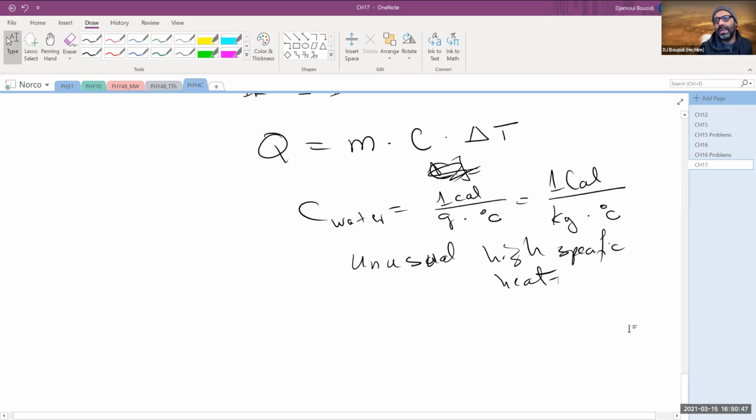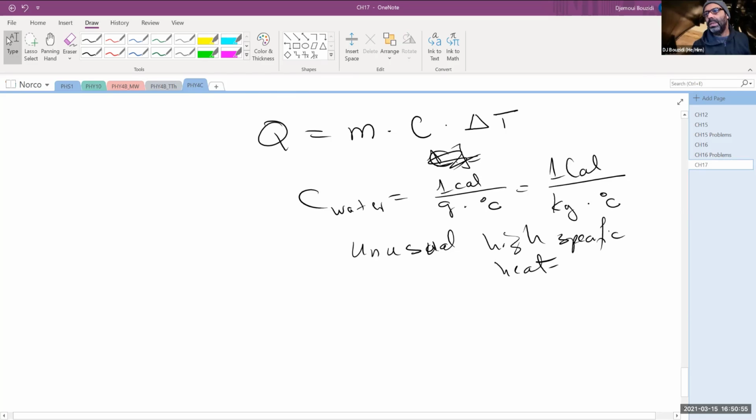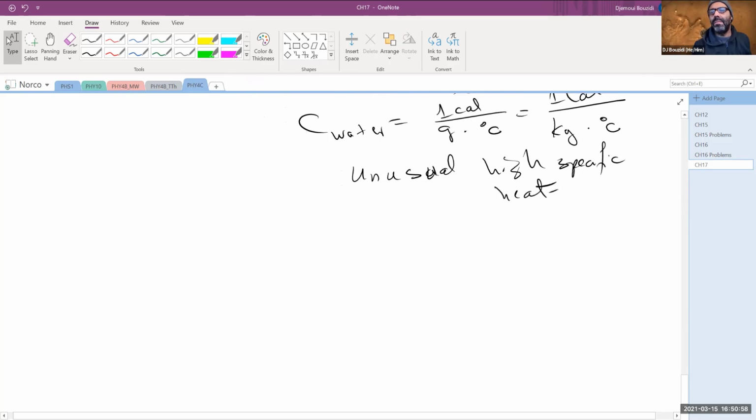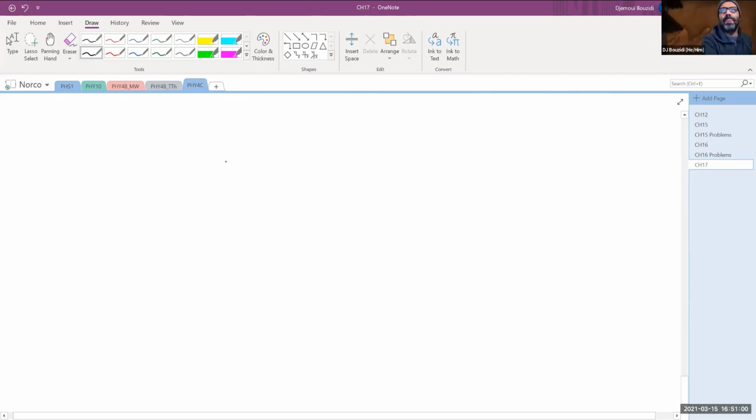Okay, so that's basically the conclusion of this part. So if I take water again and mix it with, let's say, for the sake of argument, water sitting at 20 degrees Celsius, and I have a liter of water, which is 1 kilogram, so this is the mass, because I know that the density of water is 1 kilogram per liter.